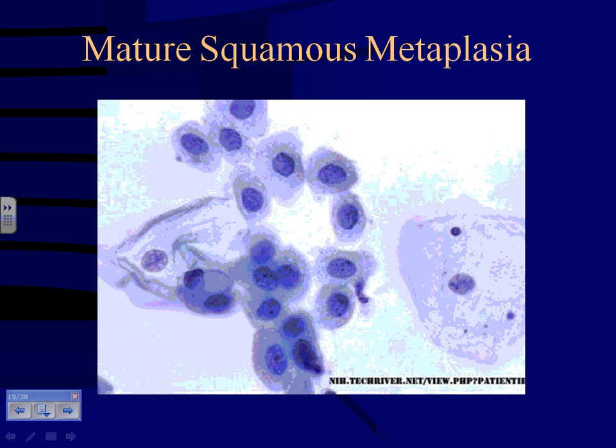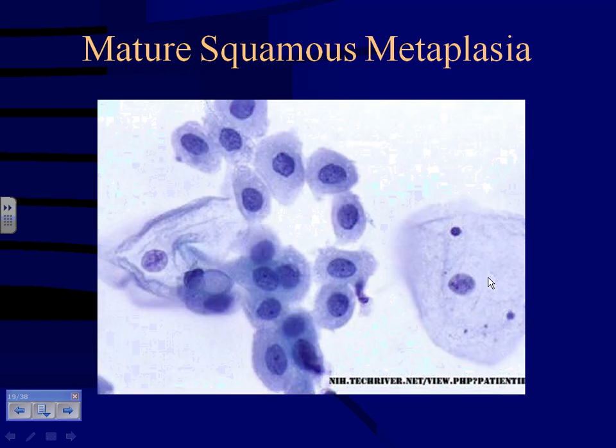ThinPrep tends to lose that appearance a little bit, and you'll understand later. Here are some examples of mature squamous metaplasia. Again, here's your mature intermediate cell for comparison. Here are your mature squamous metaplastic cells over here. Here's another mature intermediate squamous cell. And again, you notice how these cells are rounder and smaller than the mature squamous cell. They do have a polygonal look to them.